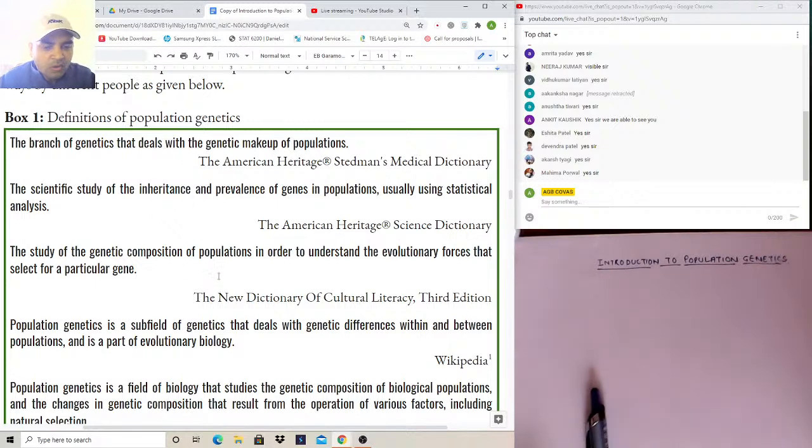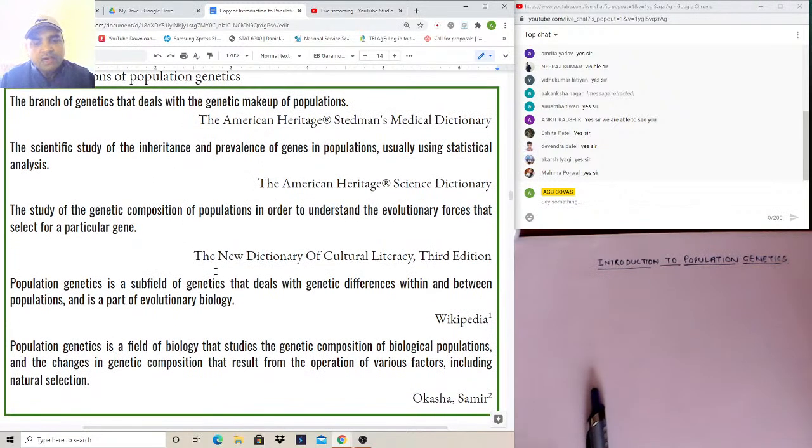Next is the New Dictionary of Cultural Literacy, third edition. It has defined population genetics like this: the study of the genetic composition of population in order to understand the evolutionary forces that select for a particular gene.